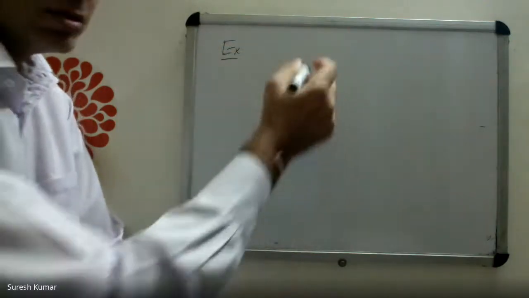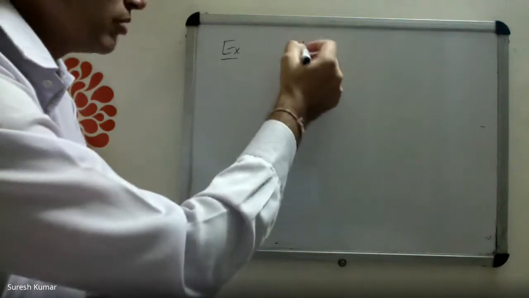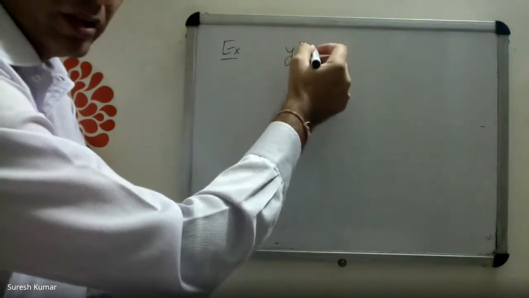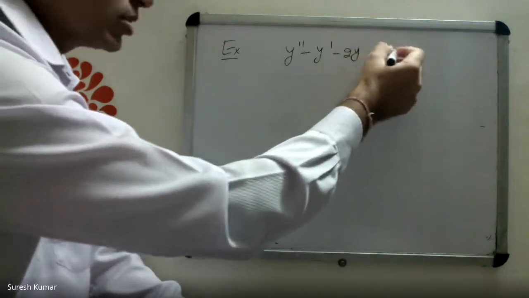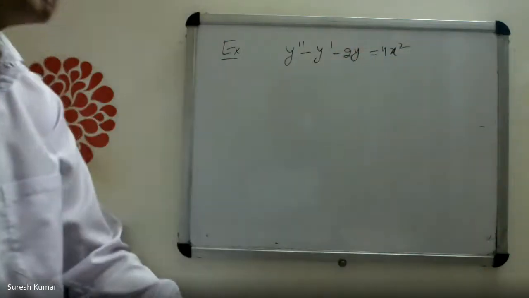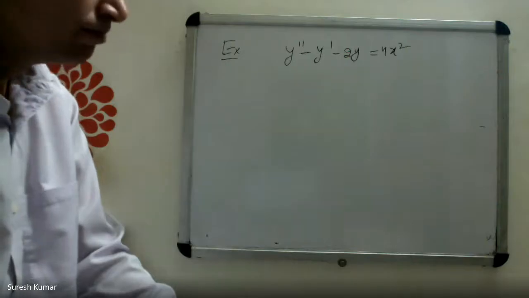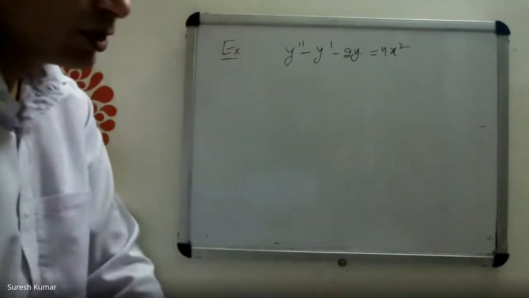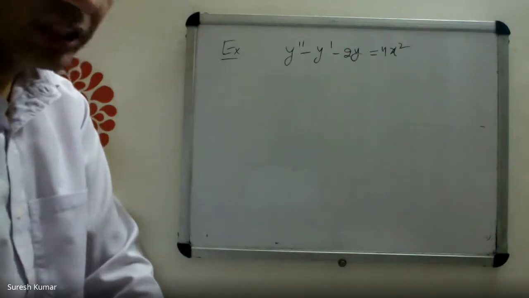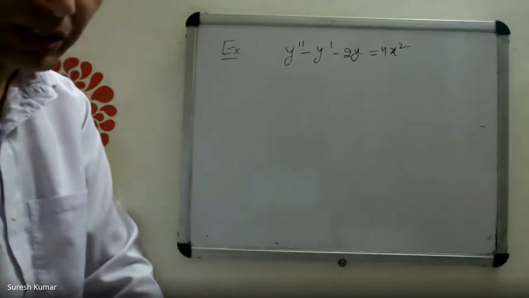Find the general solution of the differential equation y double prime minus y prime minus 2y equal to 4x square. This is a non-homogeneous differential equation. So to write the general solution, you need yh as well as yp.